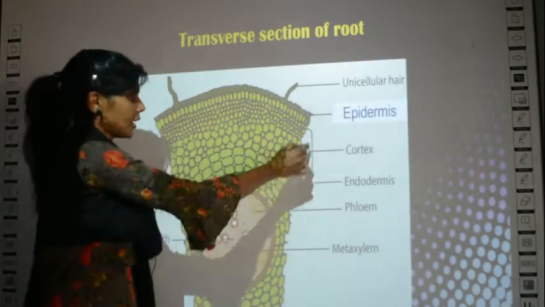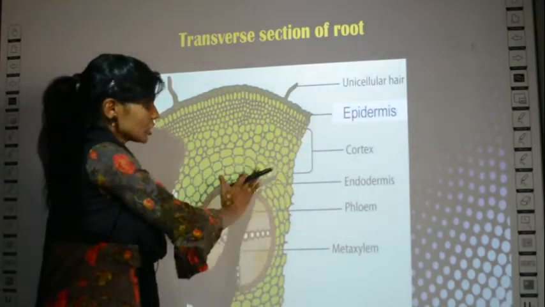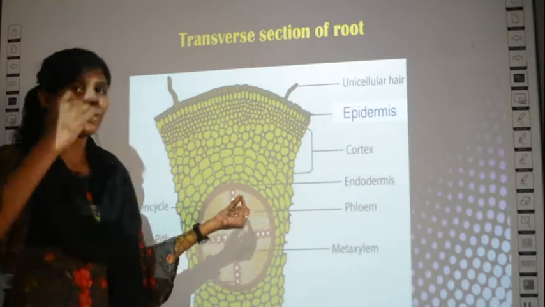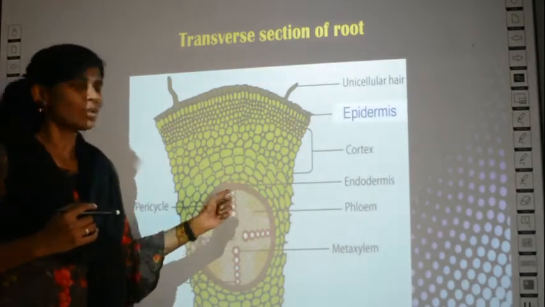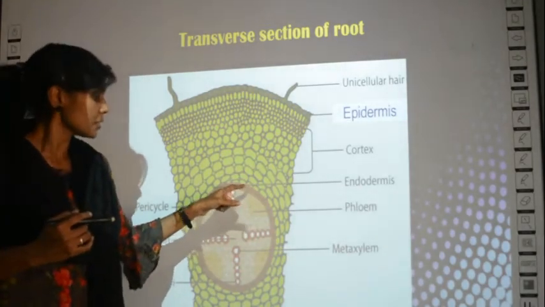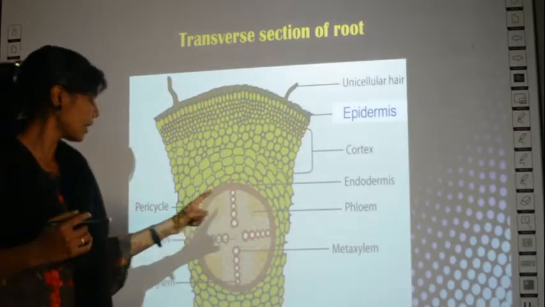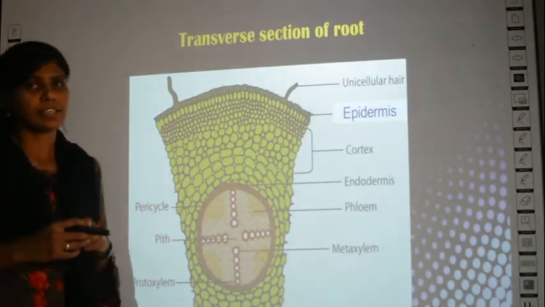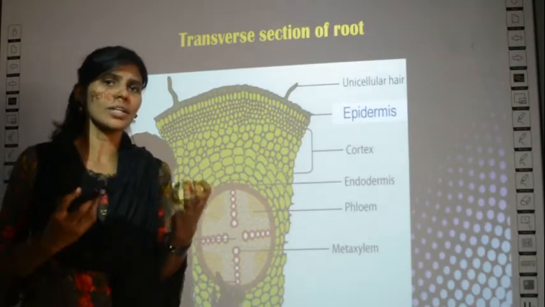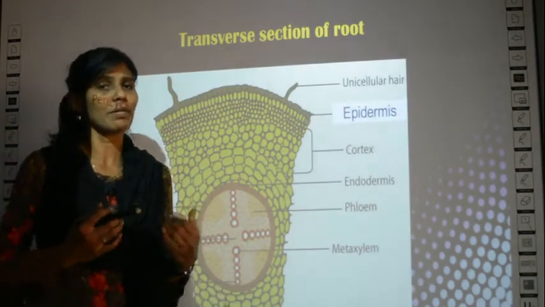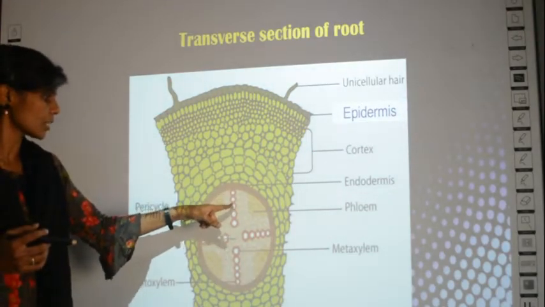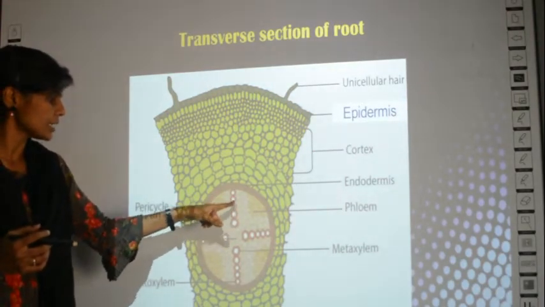This is all cortex. Then just before the endodermis, you have one more brown color circle. There are two brown color circles. Can you see? So the inner brown color circle is called pericycle. We have studied that there are conducting tissues called xylem and phloem. Where are they? These round structures are called xylem.